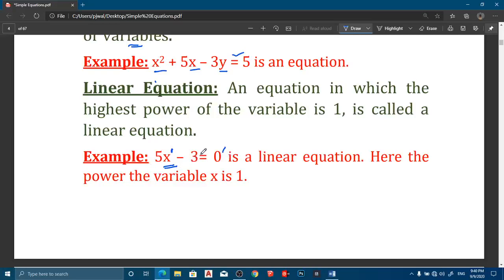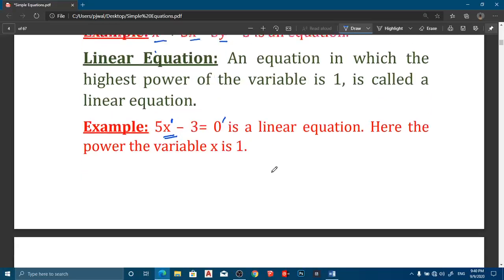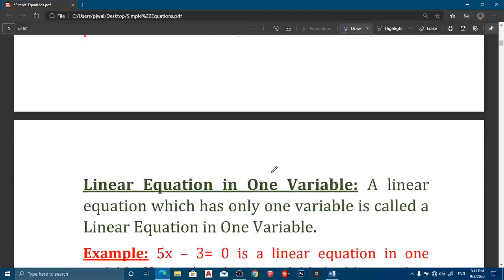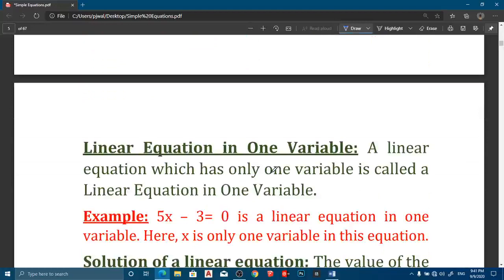Linear equation, it's a very important definition. Next, linear equations can also have more than one variable. A linear equation in one variable has only one variable, which is 5x minus 3 is equal to 0. Linear equations may be like this also: 5x plus 3y plus 4z is equal to 0.